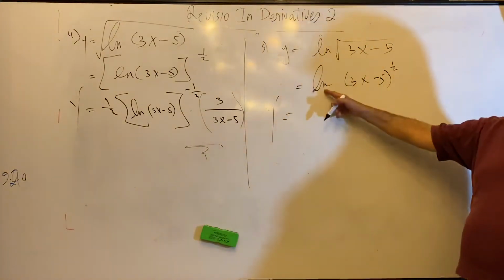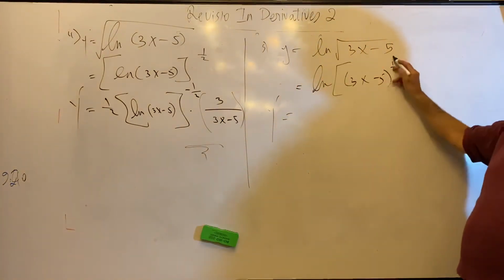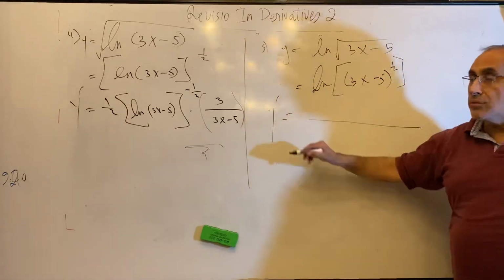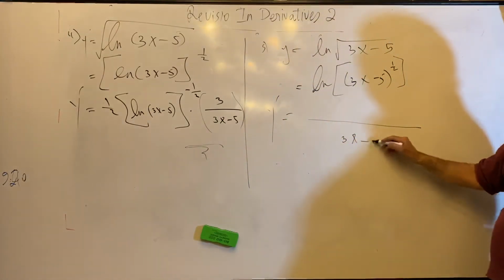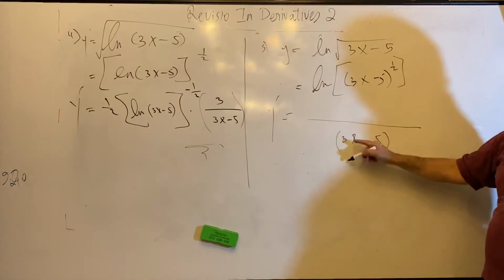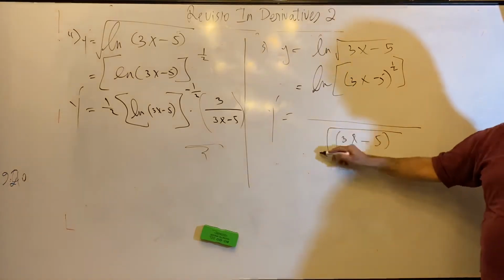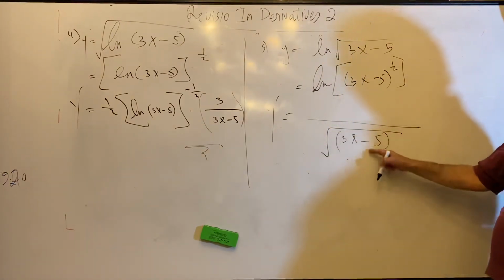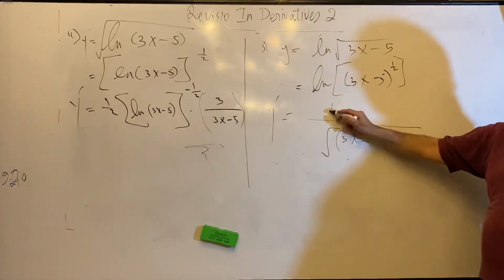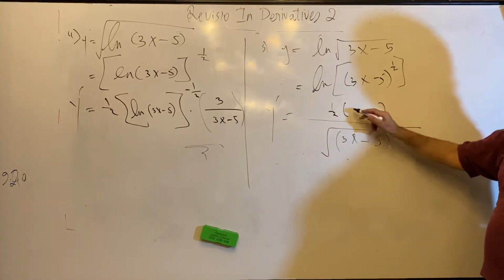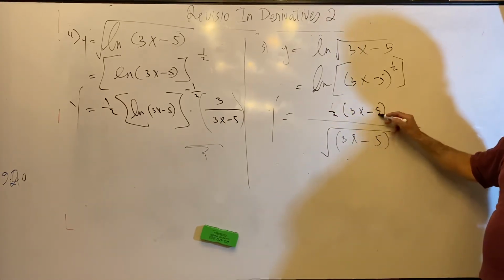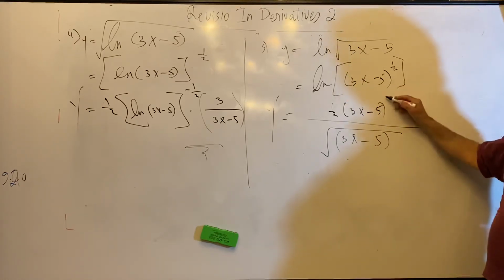Oh, we have ln of everything, you know what I mean? So everything should go down. 3x minus 5 to the power half. You can leave that one if you want. And the derivative of the denominator is half, this is (3x minus 5) to the power half minus 1, minus half.